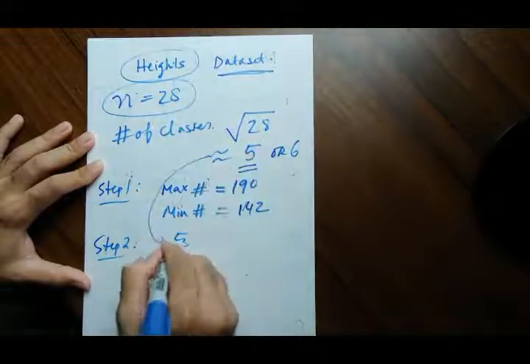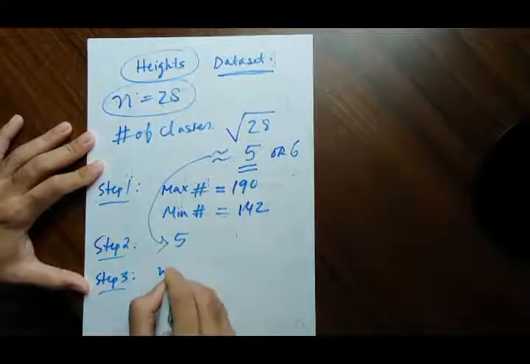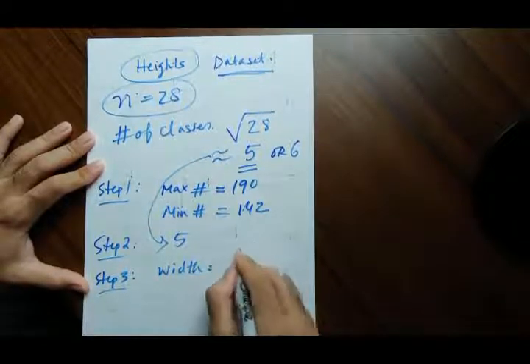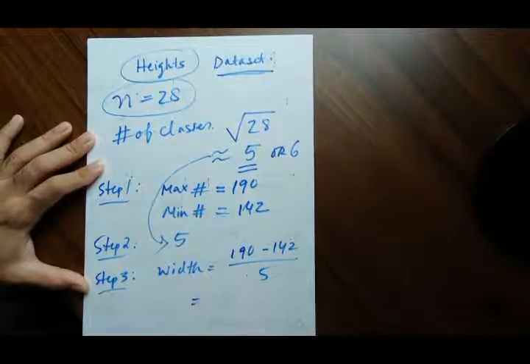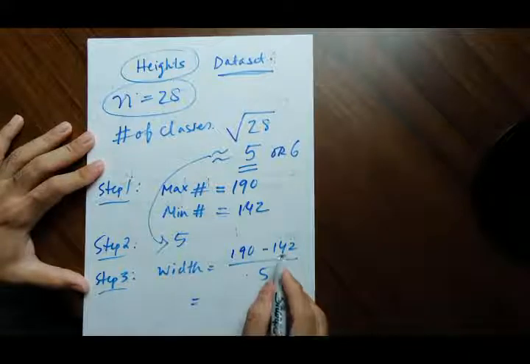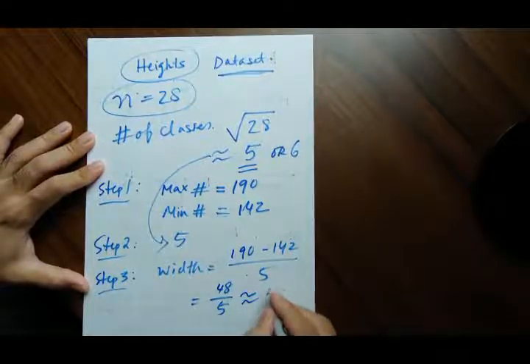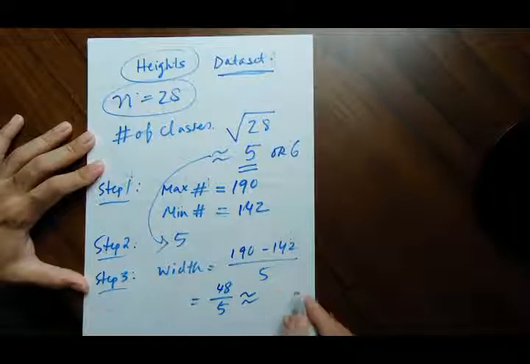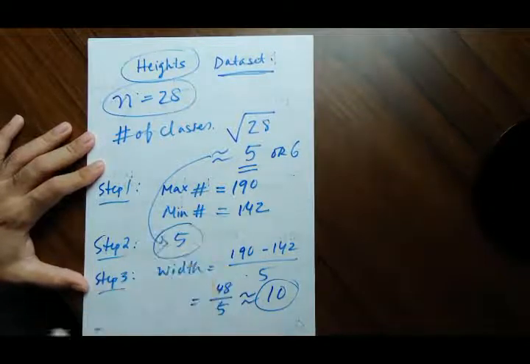It's coming from here. And what's the width of each class? So the width will be calculated by 190 minus 142 divided by 5. So that's 48 divided by 5, approximately 9 point something. So I'm just taking 10. So I will take a width of 10, number of classes 5.